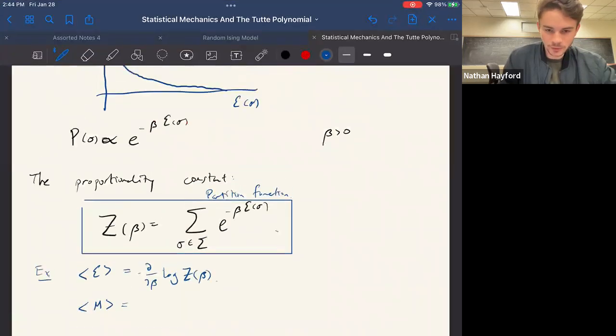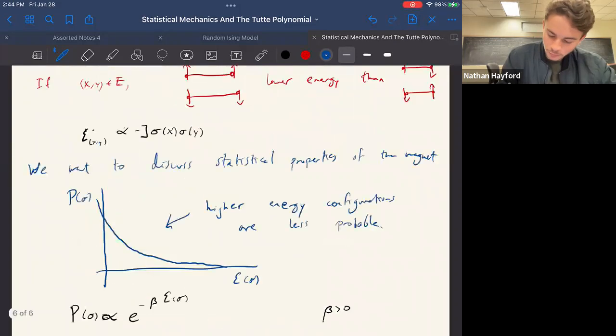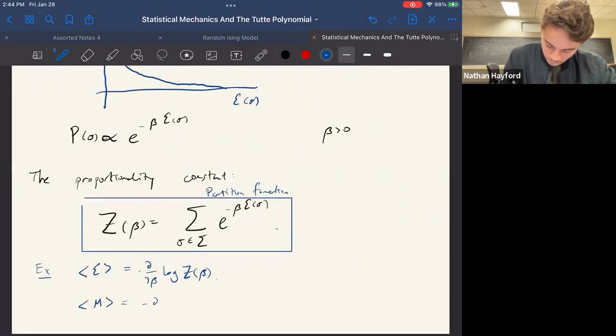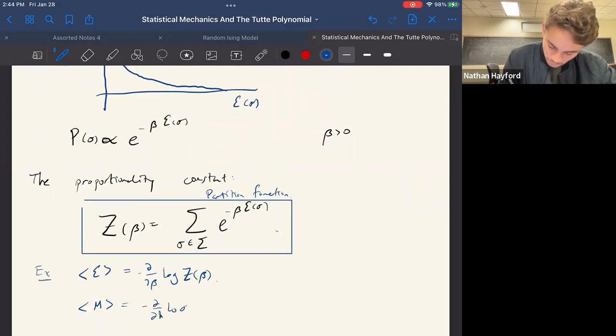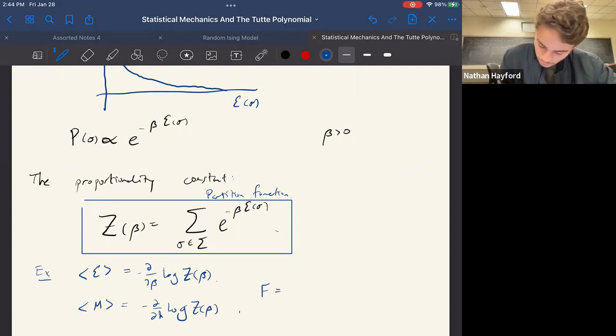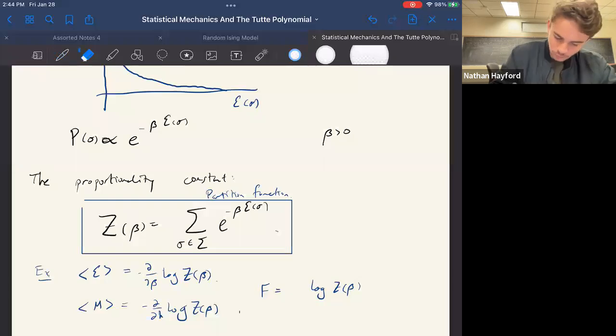If it doesn't depend on an external field, then the average magnetization is always going to be 0 by a symmetry argument. But if we let it depend on an external field, it will just be minus d/dH of log Z of beta. What's called the free energy of the magnet, which is the energy available to do work, is just minus 1 over beta log Z of beta.